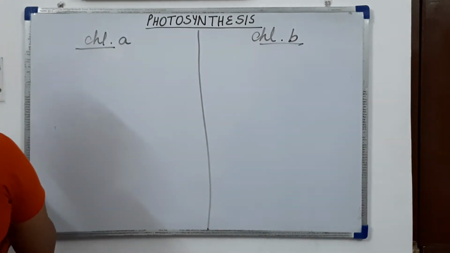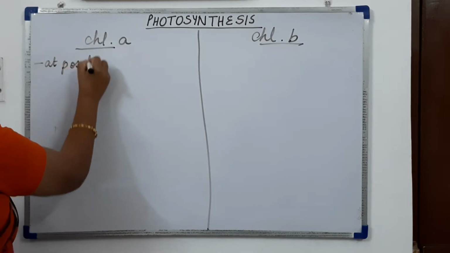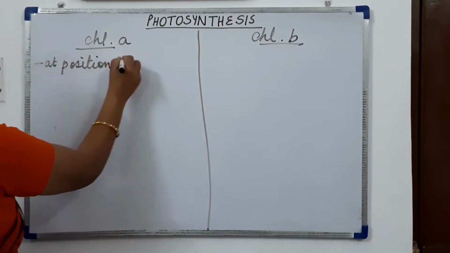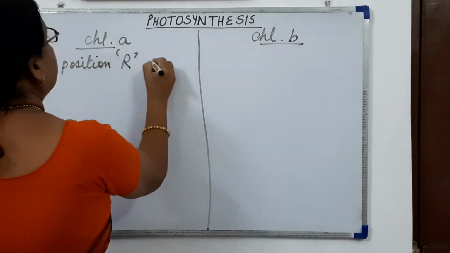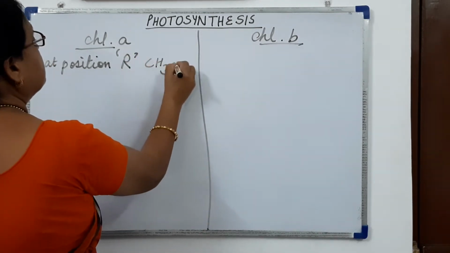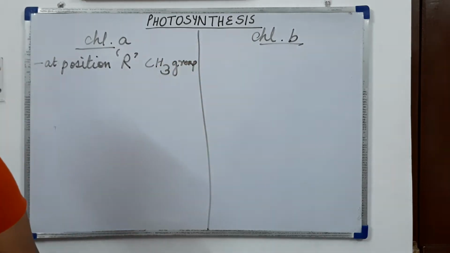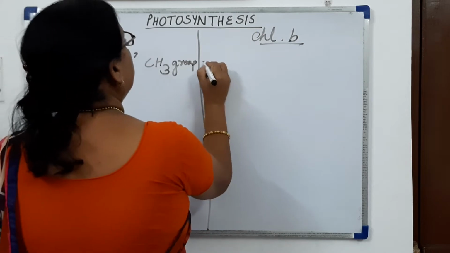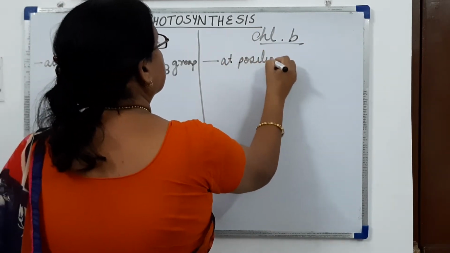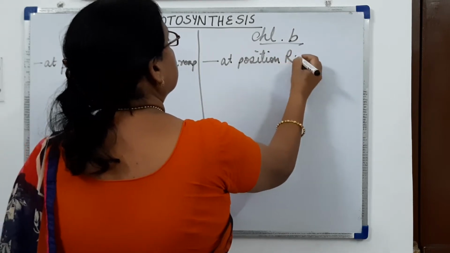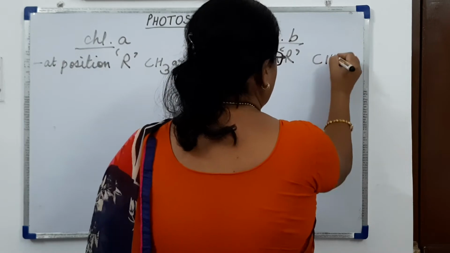So in chlorophyll A at position R, methyl group is found. And in chlorophyll B at position R, aldehyde group is found.